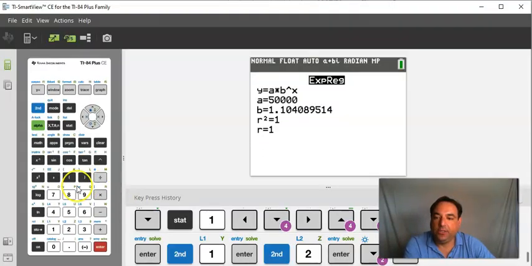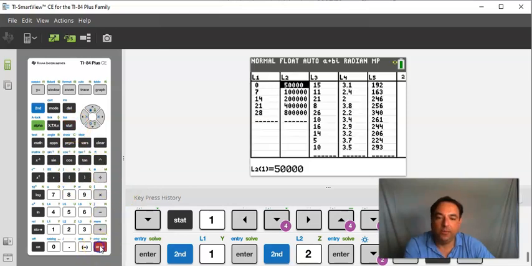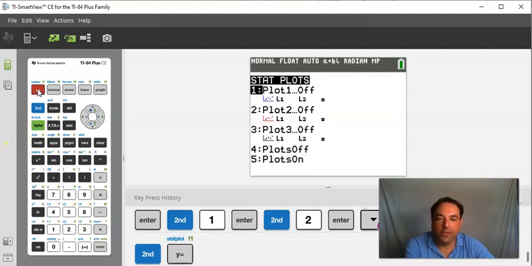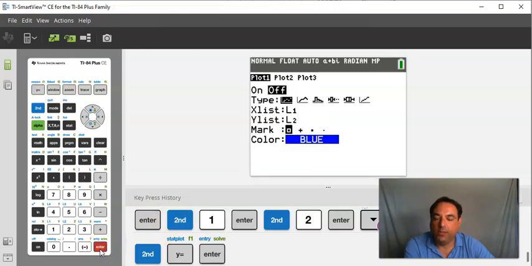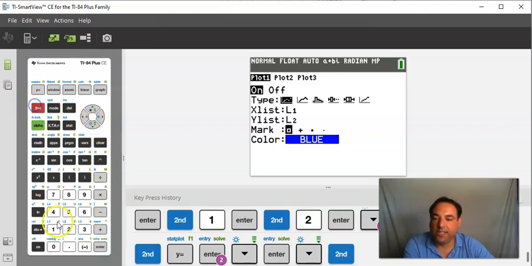So again, we do stat, number 1 for edit. We already have our data in the calculator, list 1, list 2. Then we're going to press second y equals. We're going to do plot 1, turn it on, choose scatter plot, which is the first one. My x is list 1, second 1.